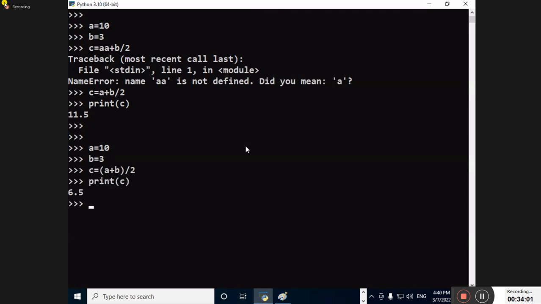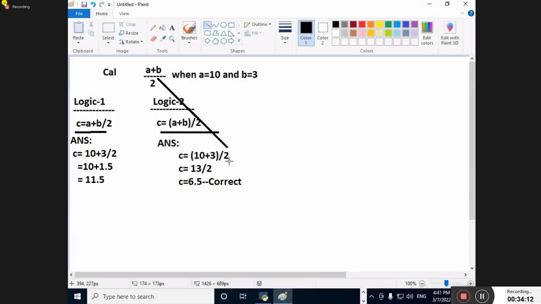You see the answer: 6.5 is the answer. Are you able to get me? So which answer do you believe is correct according to the problem? The second answer is going to be correct and accurate.